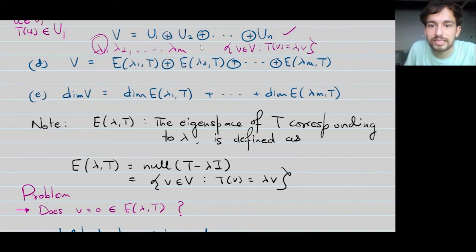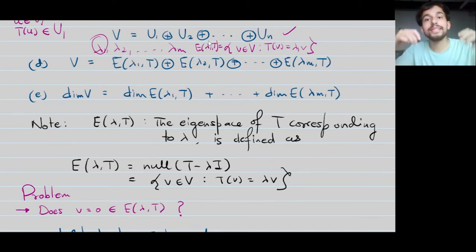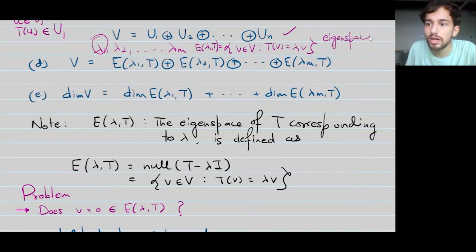Then I give this collection a name, E of lambda 1 comma T, that is all the eigenvectors of the linear operator T corresponding to the eigenvalue lambda 1. Okay, so you collect all those vectors, then they are precisely called eigenspaces. Eigenspaces corresponding to the eigenvalue lambda 1.